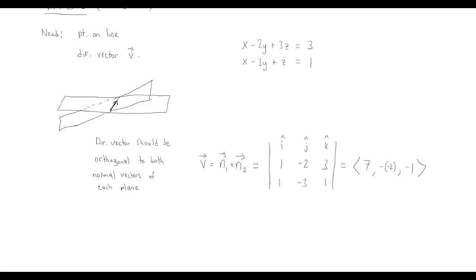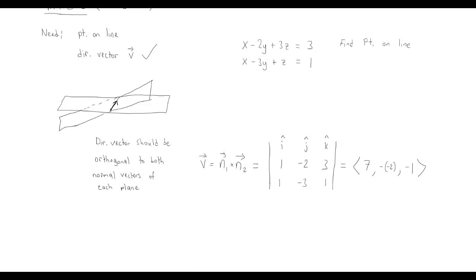Okay. We also need a point on the line. So to get a point on the line, alright, so a point on the line would be on both of the planes. So to say that this point is on both of the planes would mean that that point should satisfy both of these equations. So we can get a point on the line just by finding one point satisfying these two equations.